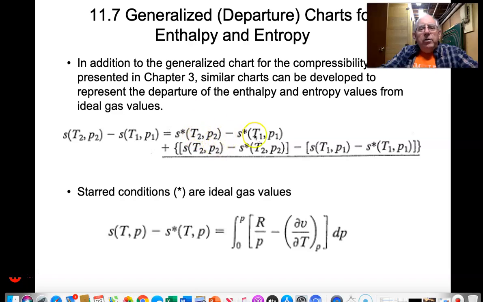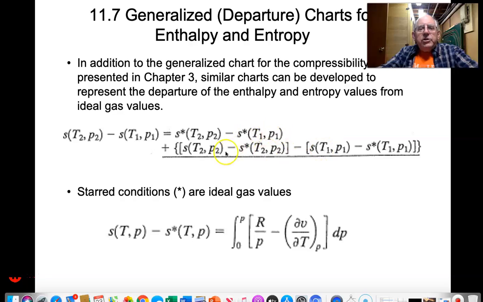And again, ideal gas is a function of temperature and pressure, and we've seen equations that we've been able to use to determine the ideal gas entropy change. And then we have the corresponding departure values for the entropy.